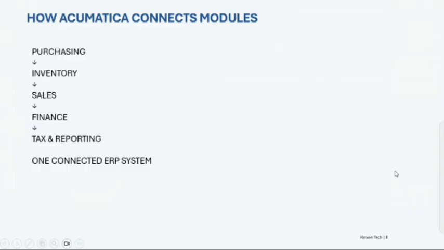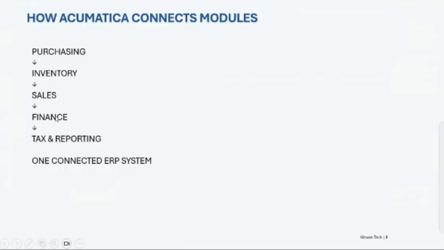Let us continue. To understand how Acumatica connects the modules, you need to see this workflow. We move from purchasing, in case you are purchasing a product like cement, then this cement gets into the inventory. After the cement gets into the inventory, it will be sold.